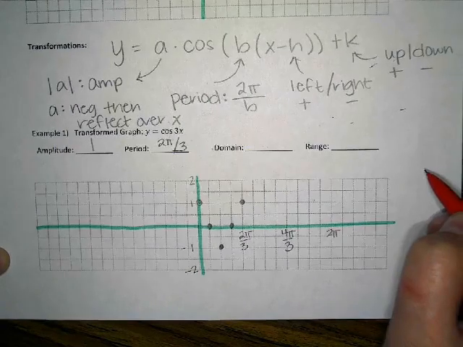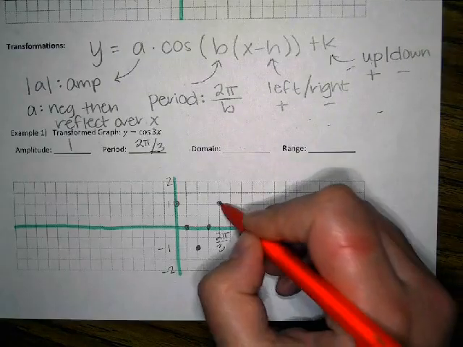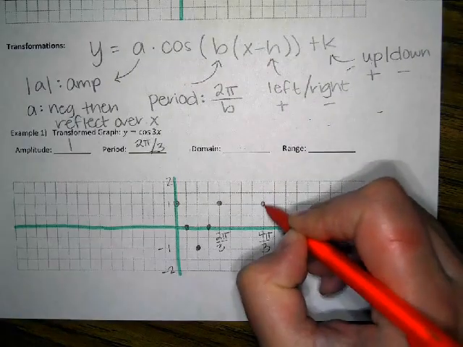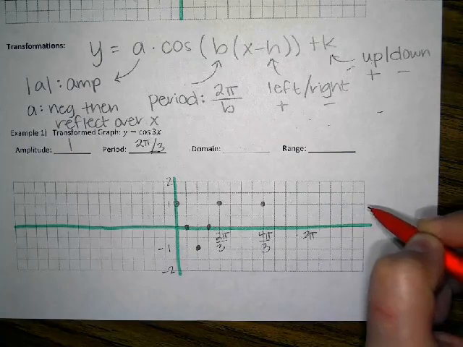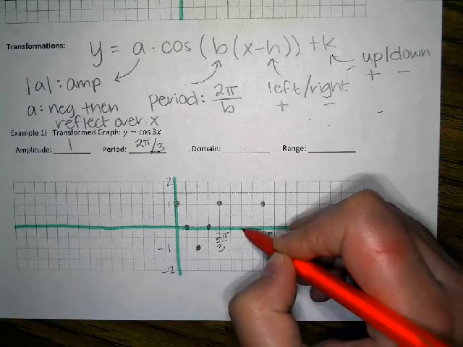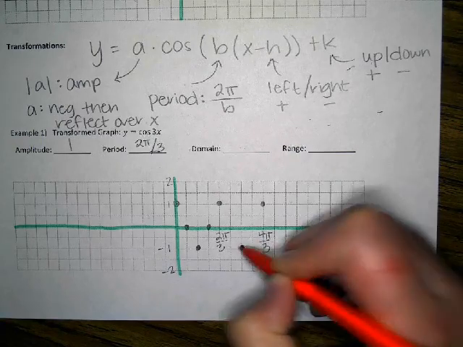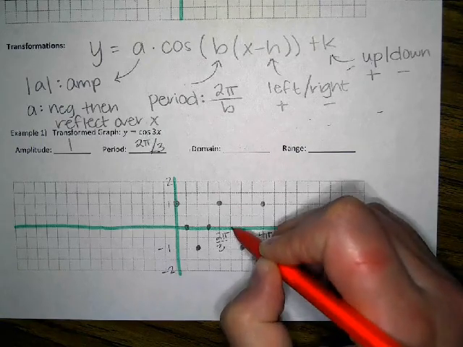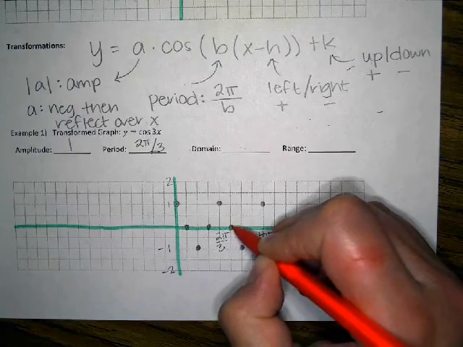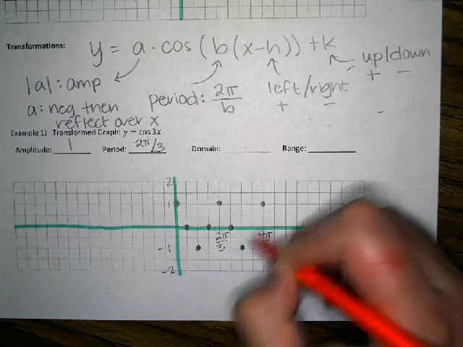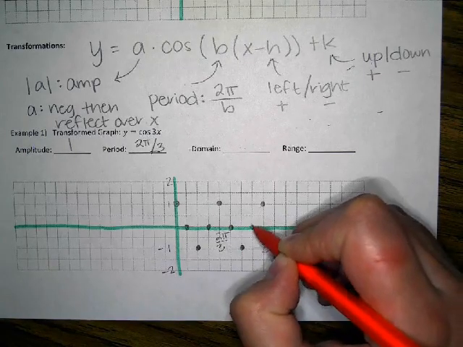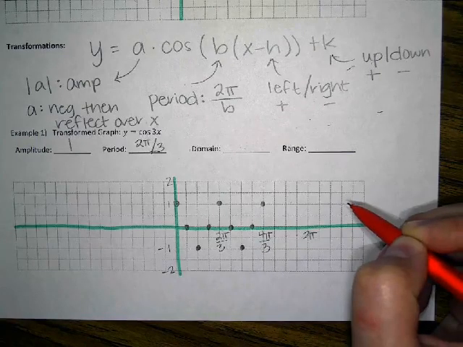We start at 1, we end at 1. In the middle, we dip down to -1. Between the first two ones, we cross 0. Between the second two ones, we cross 0. And we can get our U shapes in there.